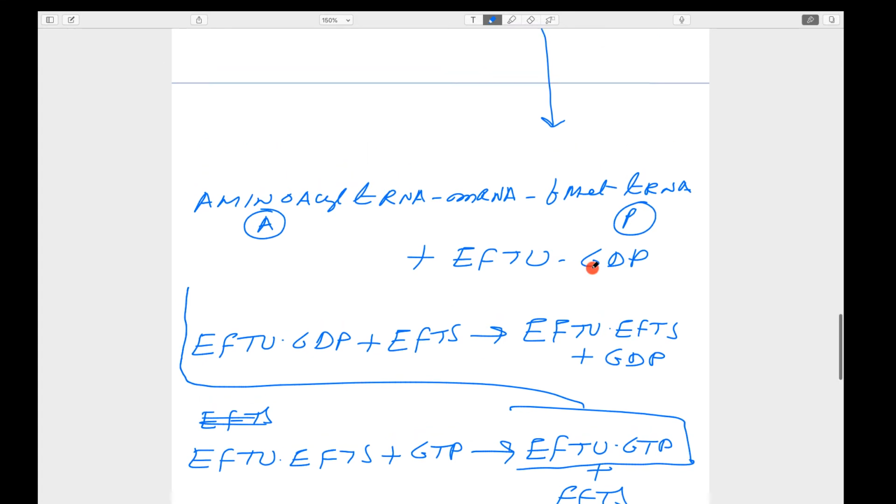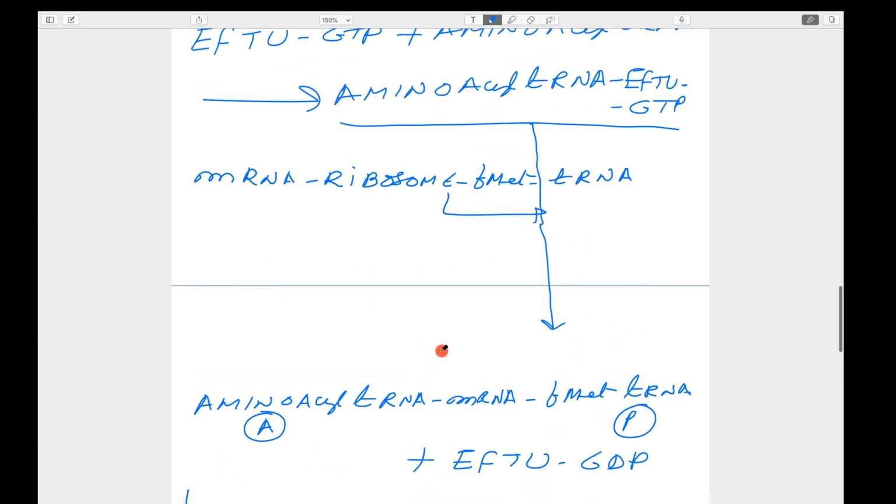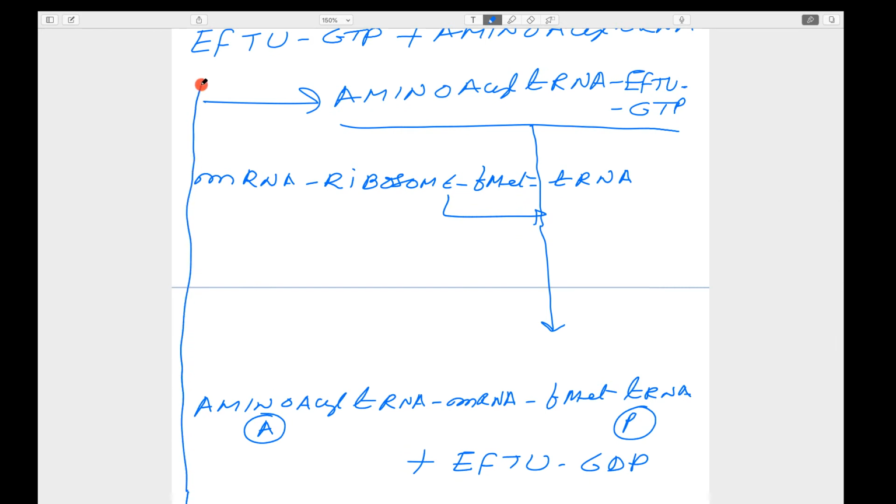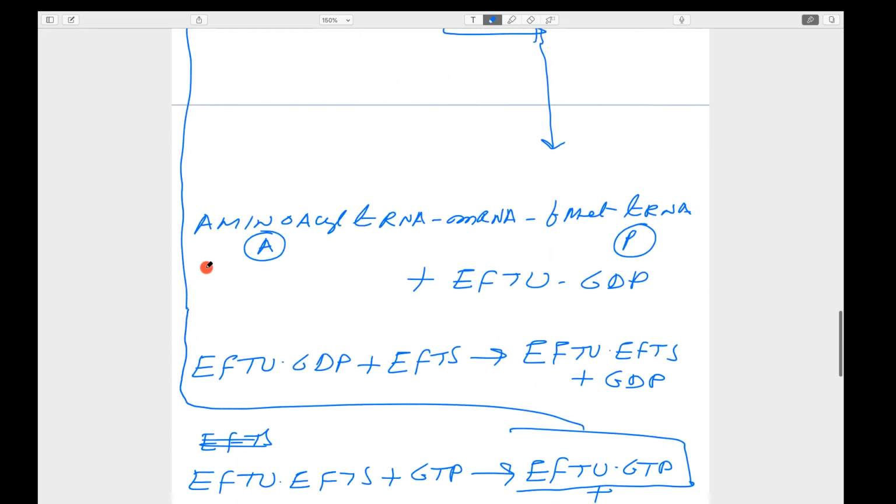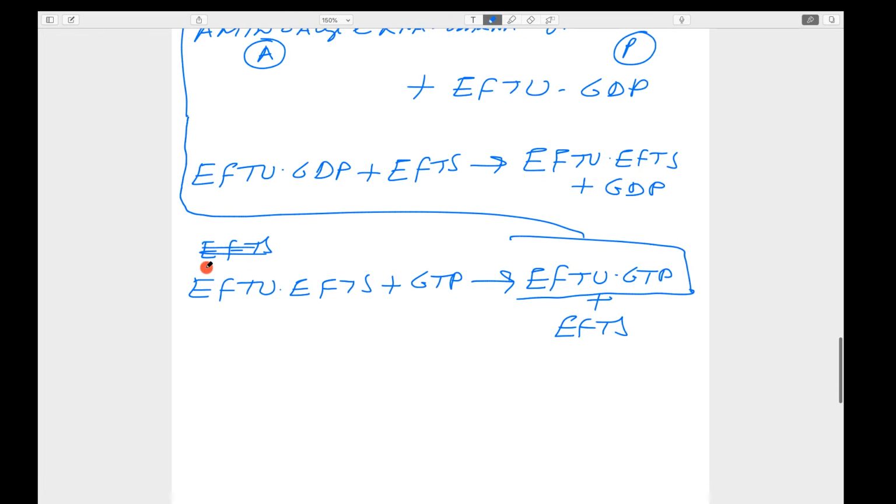What is that reaction? The original reaction, I can say this reaction. So again and again it is taking place.